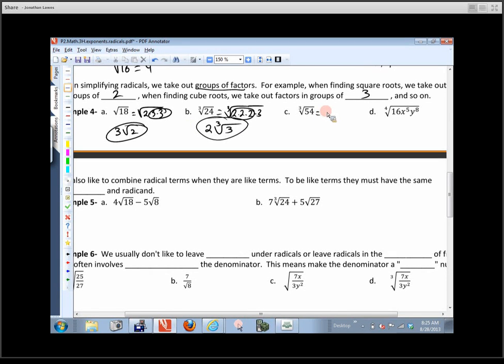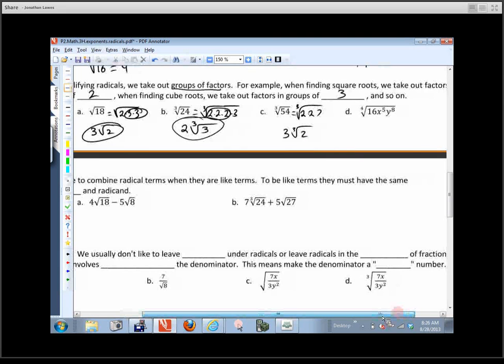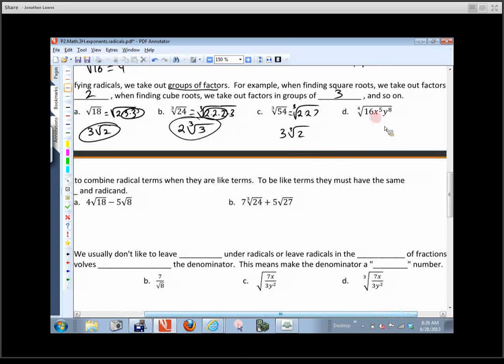This is going to be 2 times 27. And the nice thing about this is, if you think of it this way, 27 has a nice cube root. So the cube root of 27 is 3. That can go on the outside. And there's a 2 stuck on the inside. Kept the numbers fairly small and pretty easy. Okay? And then on this one right here, we're looking for groups of how many?